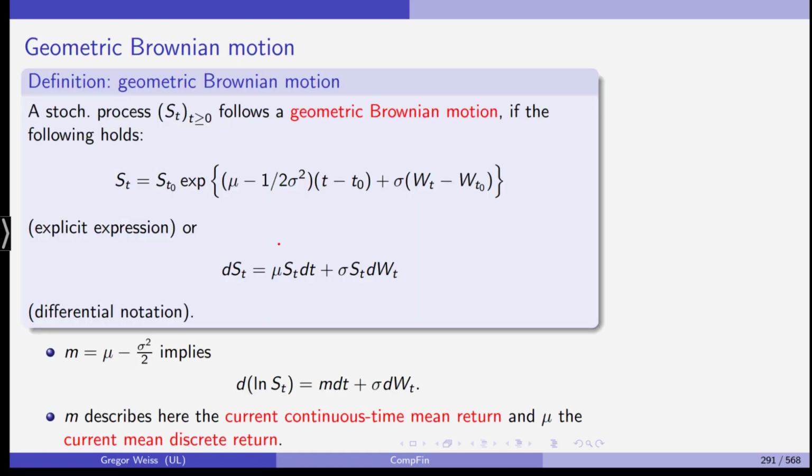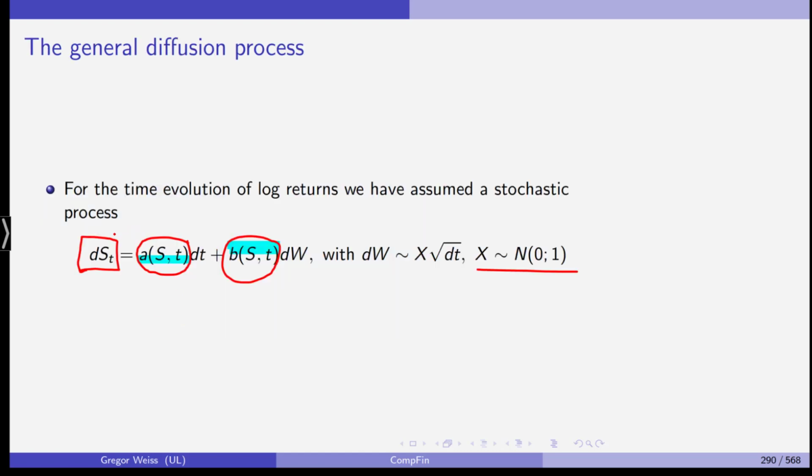So a stochastic process follows a geometric Brownian motion if we take this model, which is a very general definition of a diffusion process, a process that has a diffusion component and a drift.